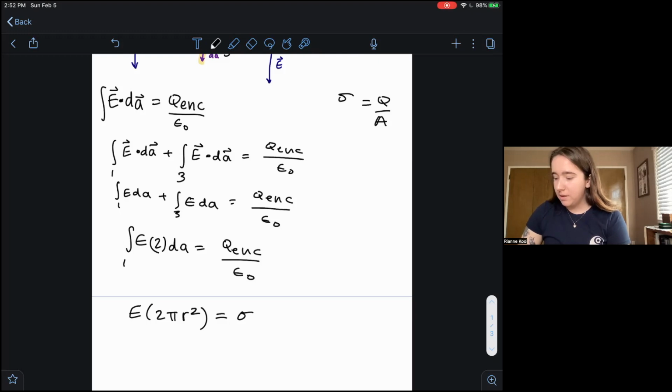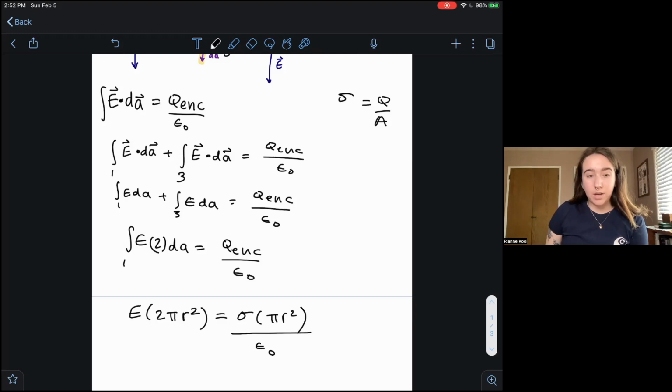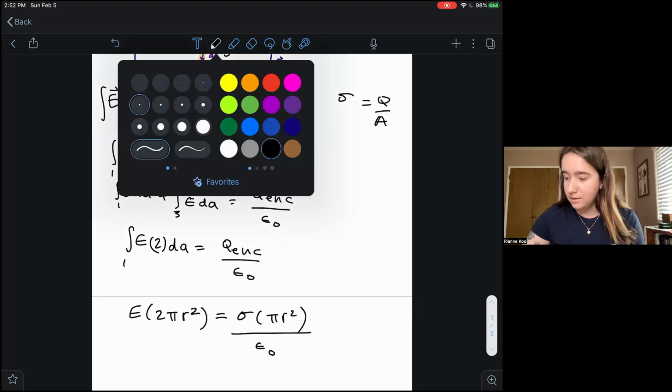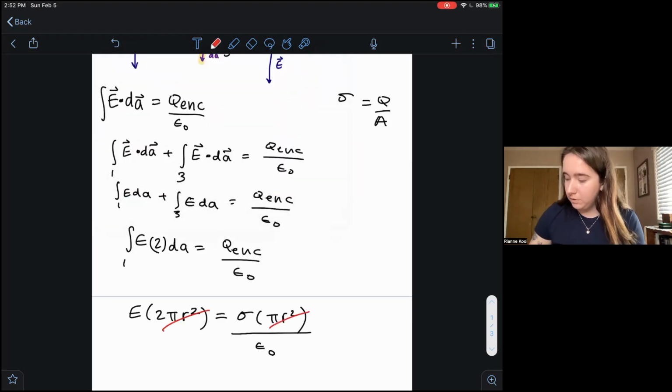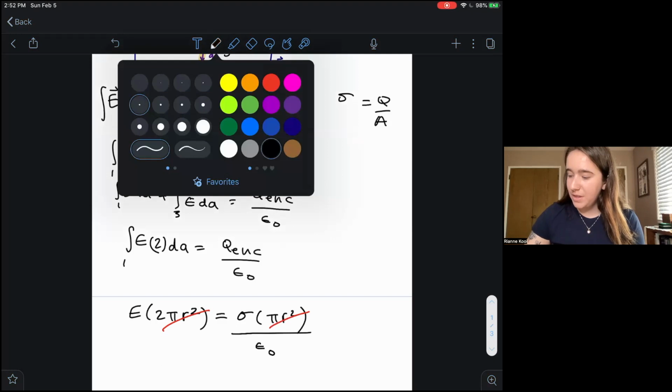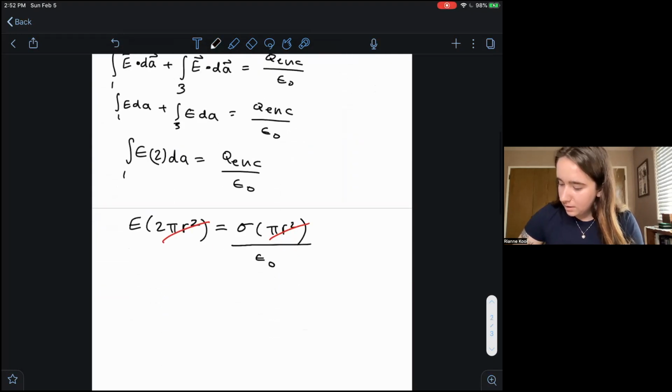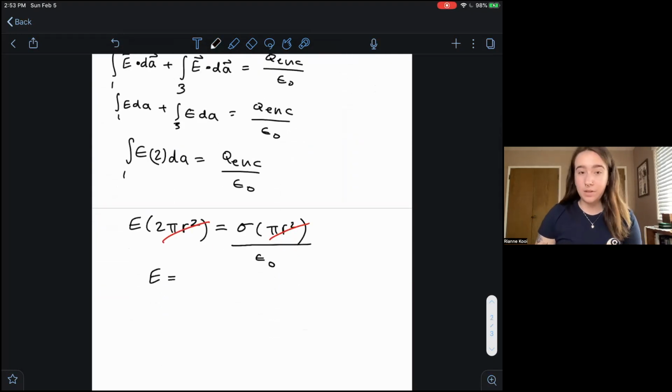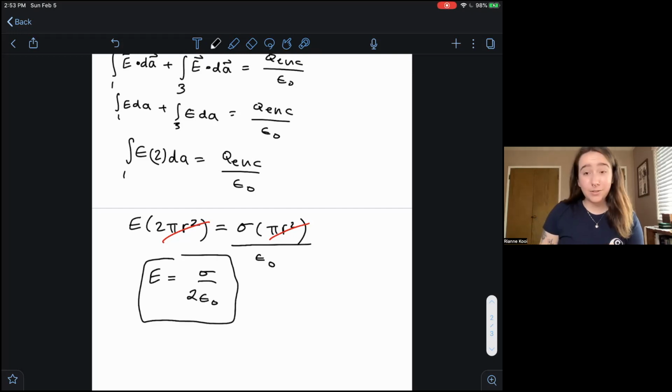So that's just going to be sigma times pi r squared over our epsilon naught that we cannot forget about. Okay, so then when we move over our 2 pi r squared, the pi r squareds cancel out. And what we are left with is that our electric field of an infinite plane of charge is just sigma over 2 epsilon naught. And that is our final answer.